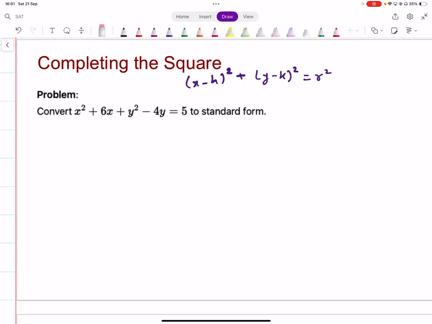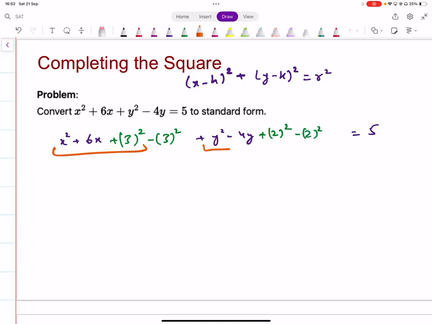Remember the completing the square process? What you do is you complete the square for x terms separately and y terms separately. Keep the constant on the other side. 6 divided by 2 is 3. Add 3 squared and subtract 3 squared. Similarly here, add 2 squared and subtract 2 squared. These three terms give you a perfect square.